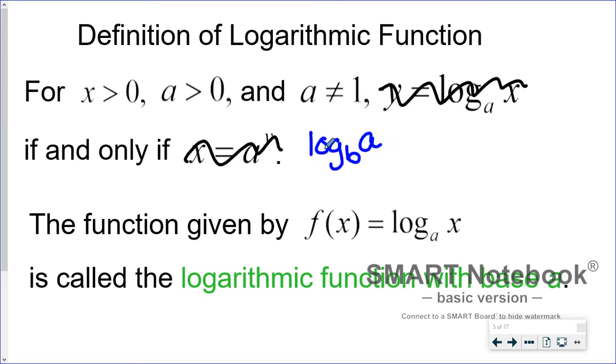This is actually called the argument of the function. That's why I call it a. That is equal to c, and I just call it c simply for alphabetic purposes, a, b, c. All right, if and only if, which is a mathematical symbol for if and only if, b to the c power is equal to a.